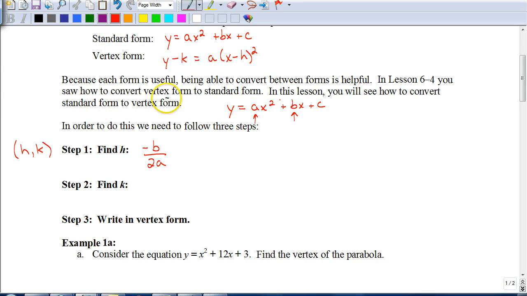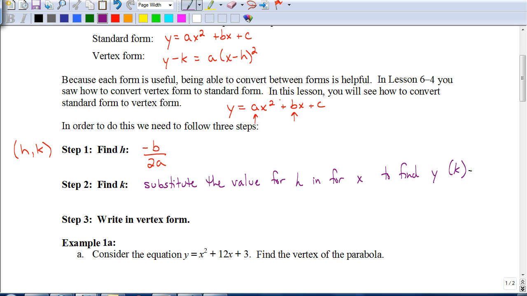To find out what k is, we're going to substitute that value for h in for x to find y, which is the same as the k part of your vertex.